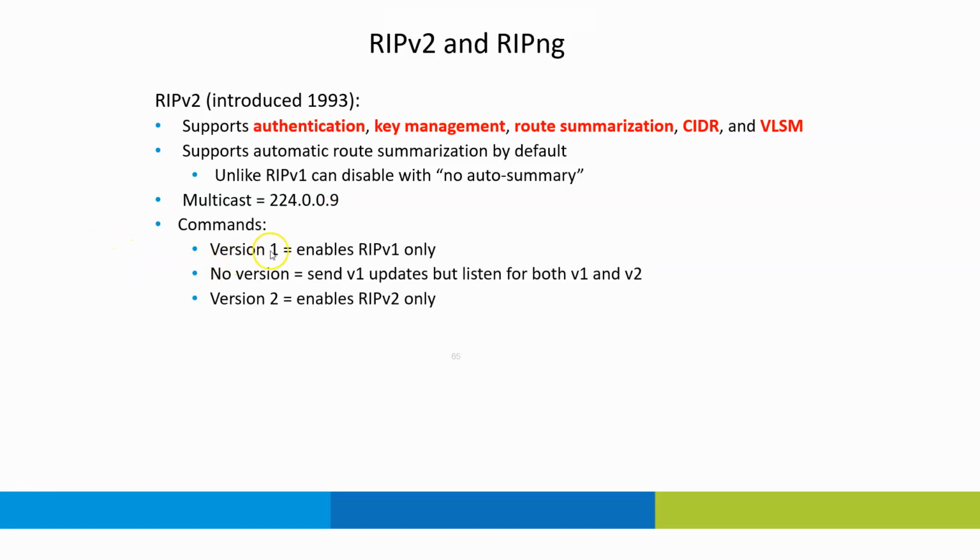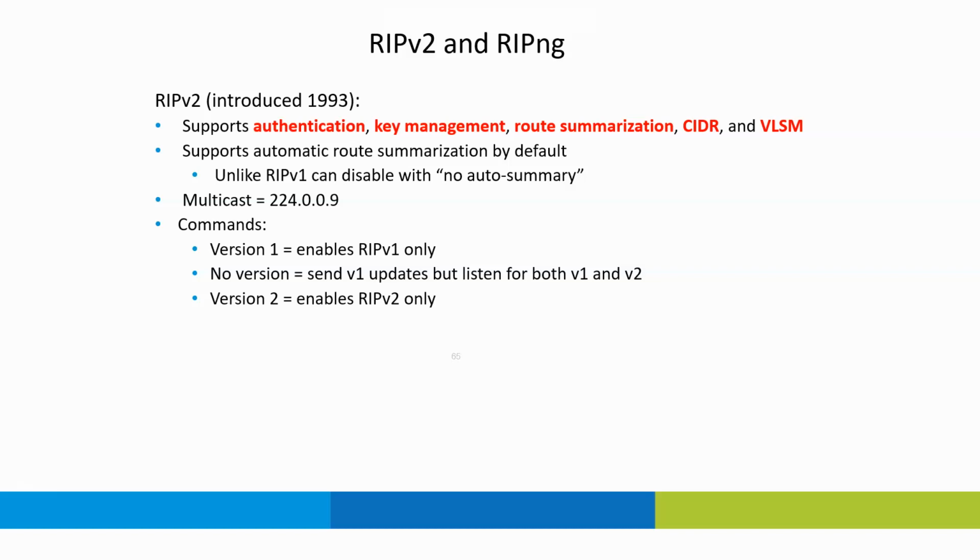So in the commands here, the version 1, and this is one that if you get into a network that probably you didn't configure and somebody didn't state the version numbers, version 1 enables RIP v1 only. If you don't specify a version, then you send v1 updates, but listen for both v1 and v2 updates. And that's the one that can get kind of confusing, is that I'm getting updates from some of these devices, but some of these devices aren't updating.